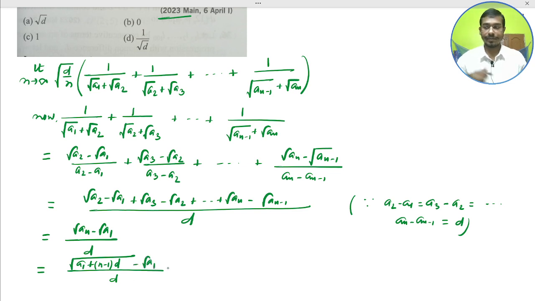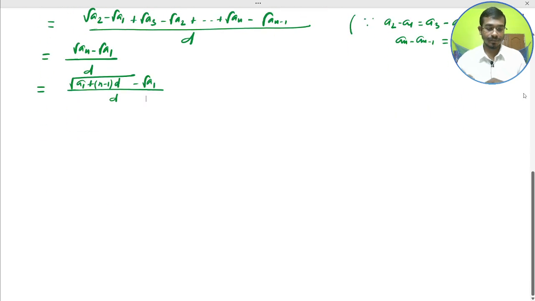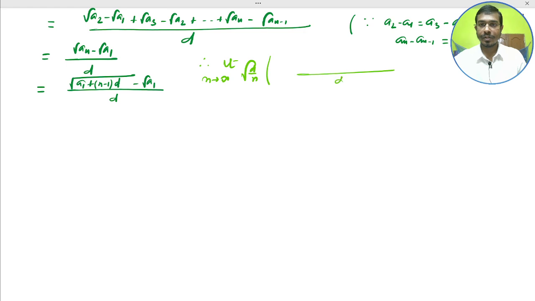Now taking limit, limit n tends to infinity root d by n within bracket, this is divided by d, root of a1 plus n minus 1 into d minus root a1.